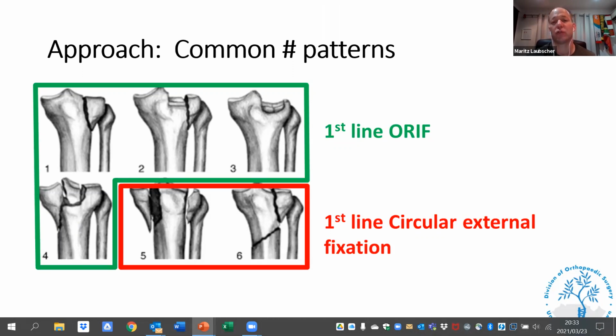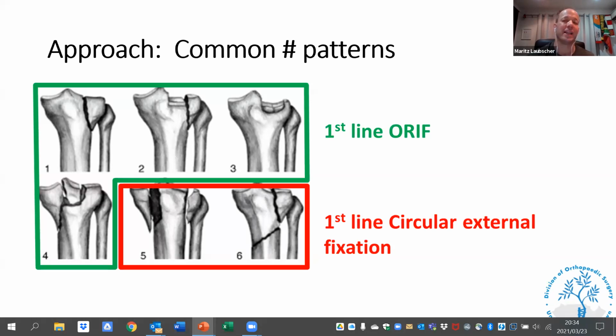My first line treatment, if it needs operative intervention, is open reduction internal fixation, with either just screws in the Schatzker 1 or plating in the other ones. My first line treatment for Schatzker 5 and 6 cases is circular external fixation with limited open reduction internal fixation with 1 or 2 screws.